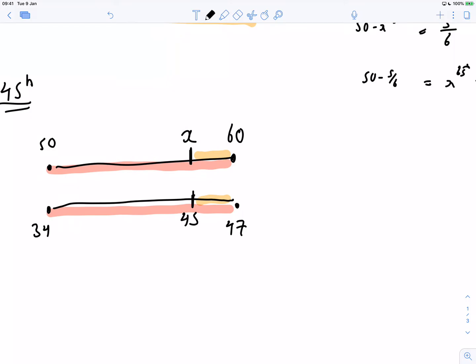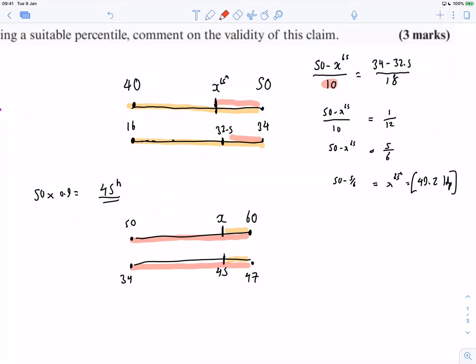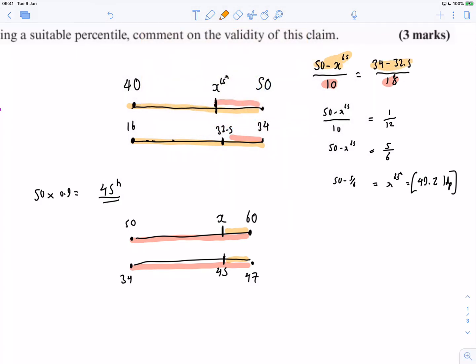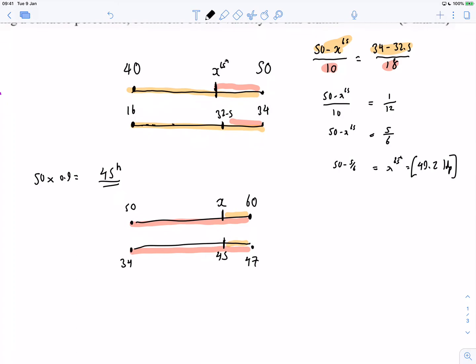So the oranges are over the reds, right? Because that's what's going on here. We've got the reds on the bottom. We've got oranges on the top. So we're going to have 60 minus x over 60 minus 50, which is 10, equals 47 minus 45, which is 2, over 47 minus 34, which is 13.